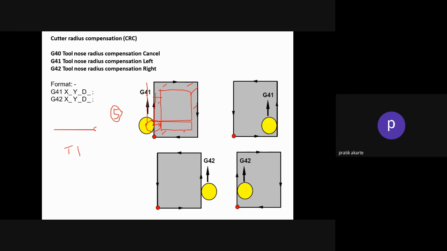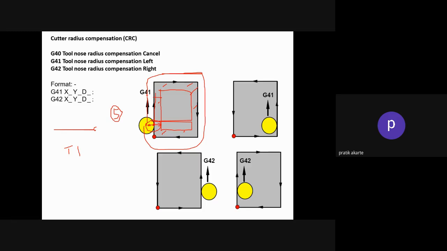So automatically, instead of this position, the tool will itself move 5 millimeters left. It will offset its center 5 millimeters to the left, so that it will follow this path like this. Because of that, your object will be cut in a very smooth manner.